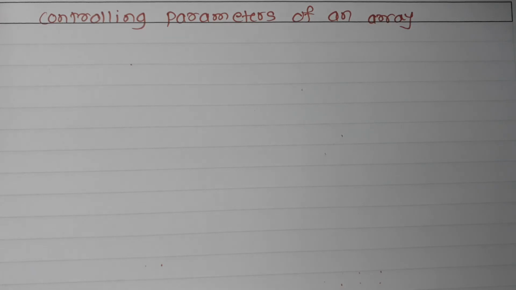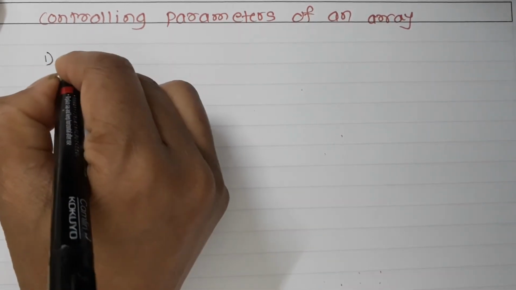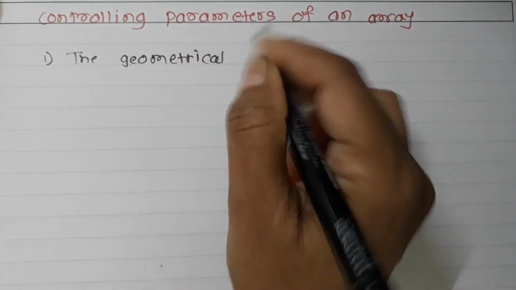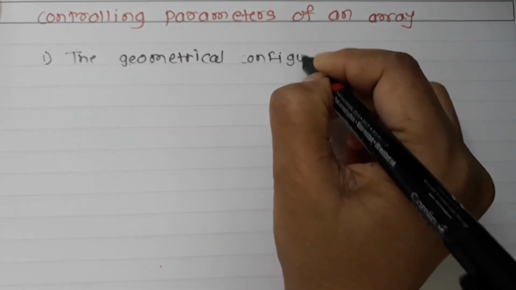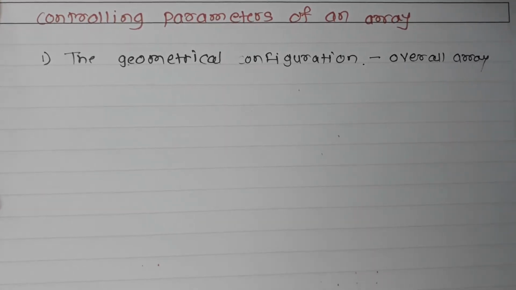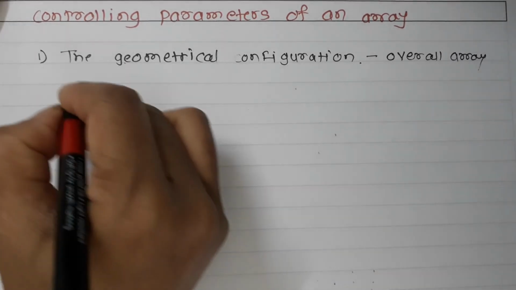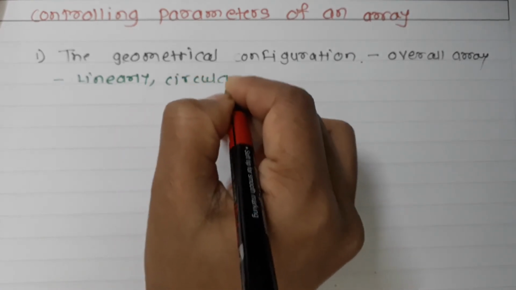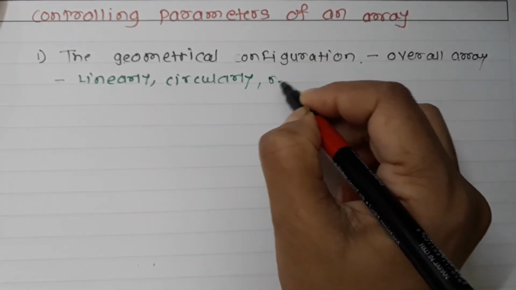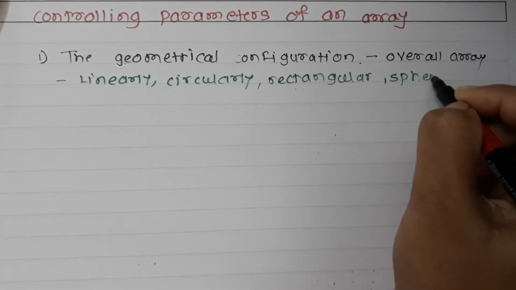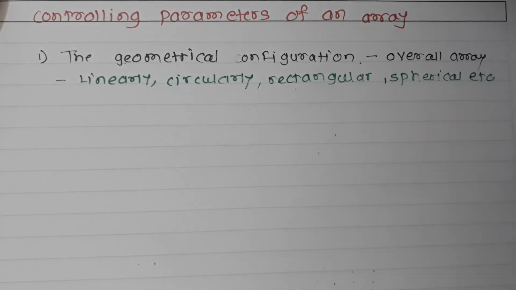The first control is the geometrical configuration of the overall array, that is, whether your elements are arranged linearly, circularly, rectangular, spherical, etc. So this is the geometrical configuration.